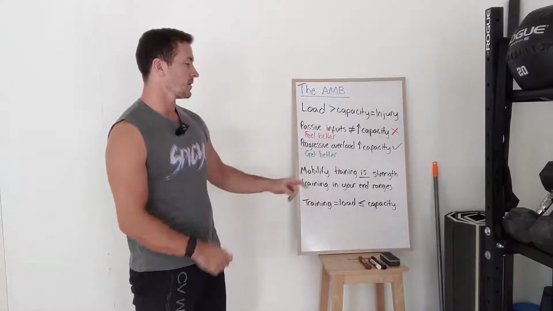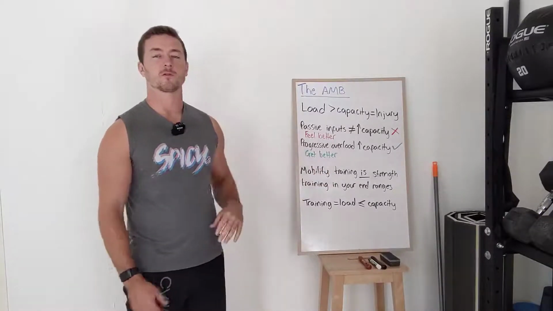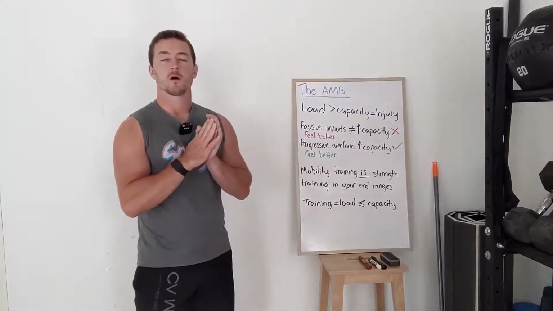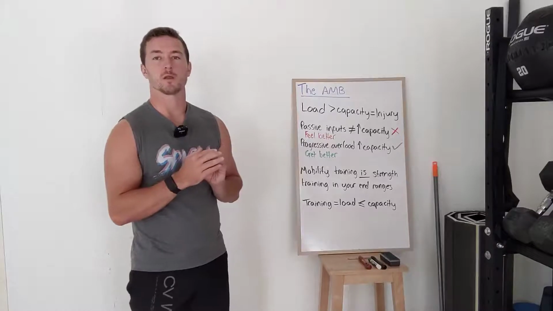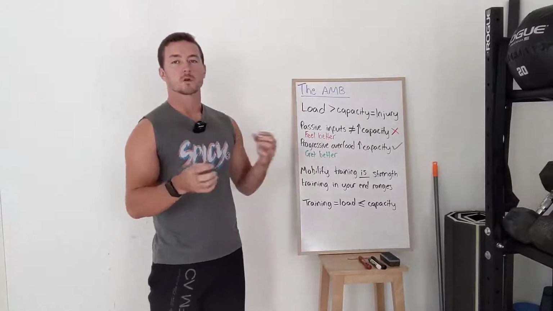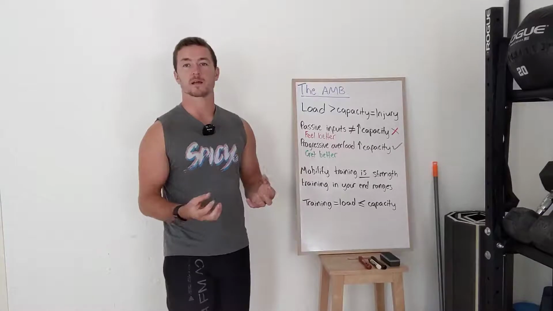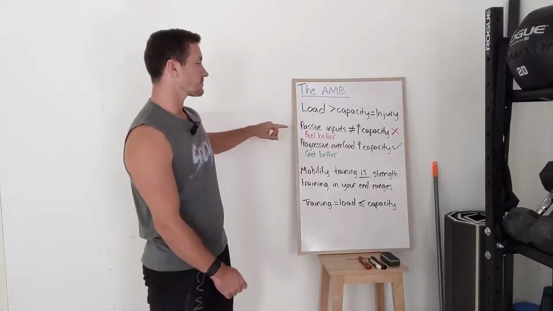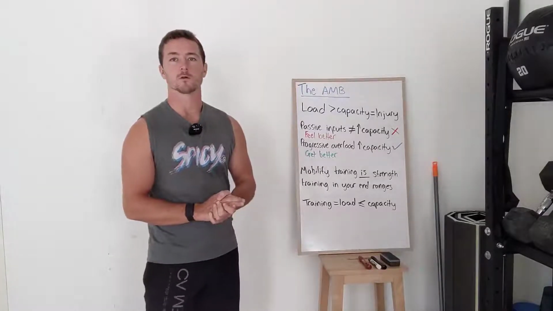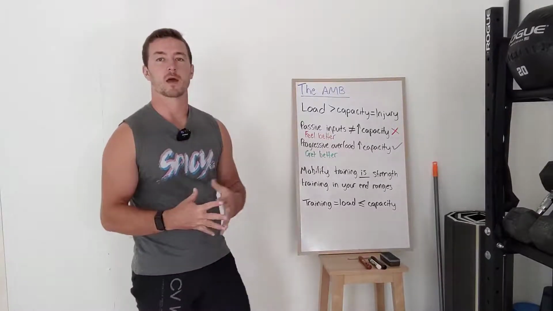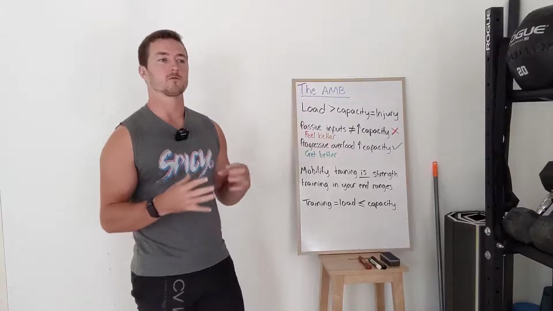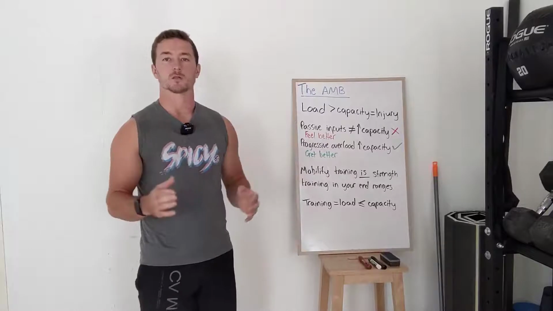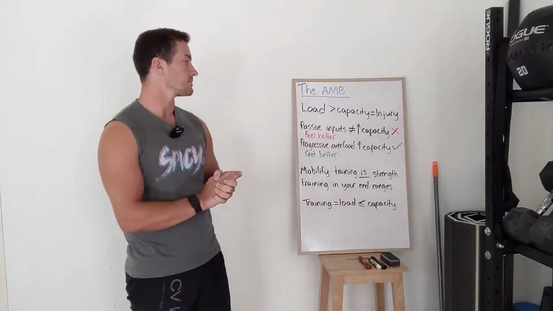And over time, our capacity is going to increase and we can squat more. The exact same thing with our ranges of motion and our mobility training. When we first acquire more flexibility, we don't have much strength or control there. But by using progressive overload, we can add that strength and control in, so now these ranges of motion are usable and not just passive, and we're stronger there.